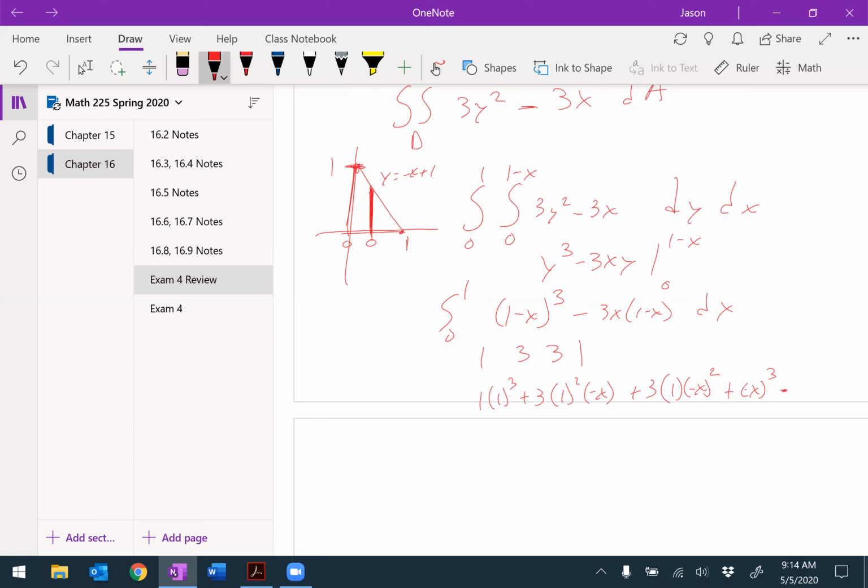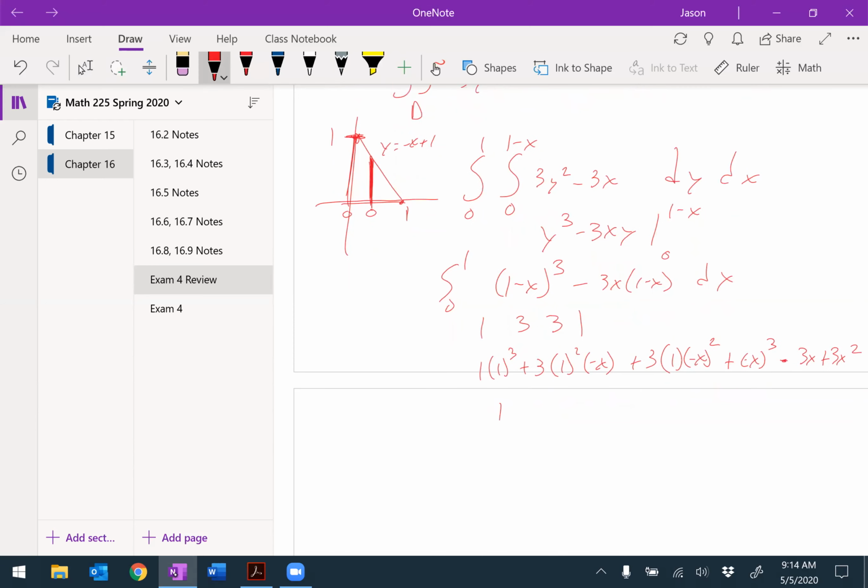And then minus 3x plus 3x squared. Okay, so let's try to clean this up. This is 1 minus 3x plus 3x squared minus x cubed, minus 3x plus 3x squared.